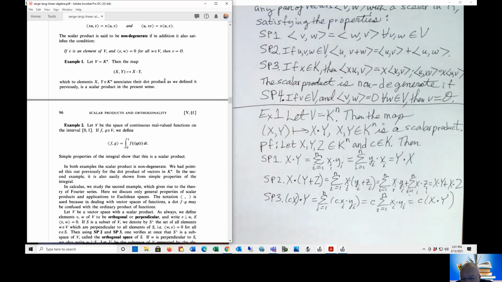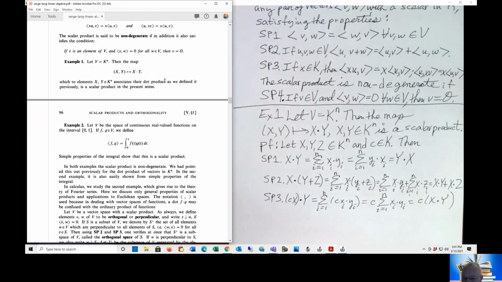Then the dot product of x and y, by definition, is the summation of the products of the corresponding components, xi times yi, i going from 1 to n. But the components commute, so xi yi is the same as yi times xi.